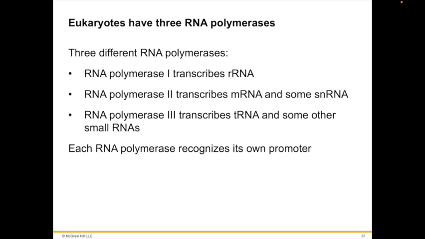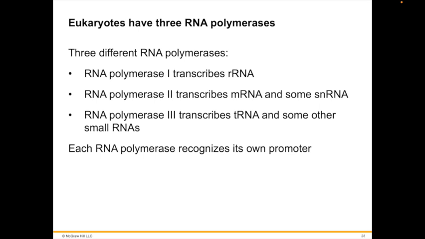However, the details of RNA production in eukaryotes differ enough to merit a bit of consideration. An obvious difference between bacteria and eukaryotes is that bacteria have a single RNA polymerase, while eukaryotes have 3 distinct RNA polymerases with different cellular roles.